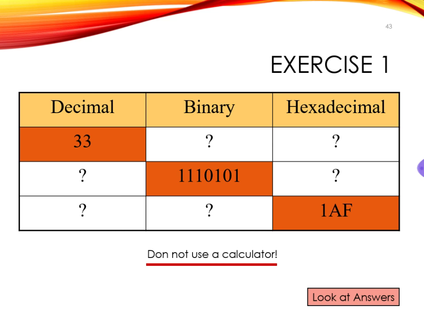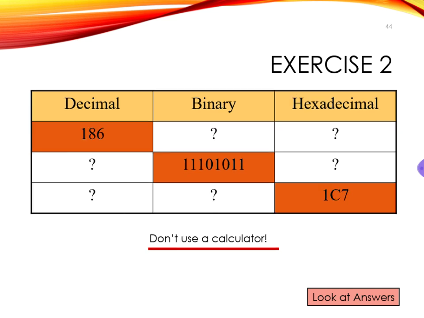If you want to look at the answers, you can click here and it will jump into the answer slides. Otherwise, you can just try to work it on your own. It's better that you don't use a calculator. There is another exercise as well in the same format where you can try out, and if needed, you can try to look at the answers.